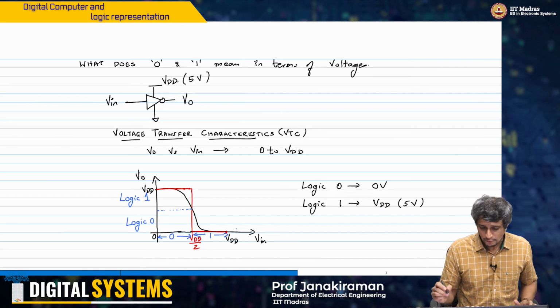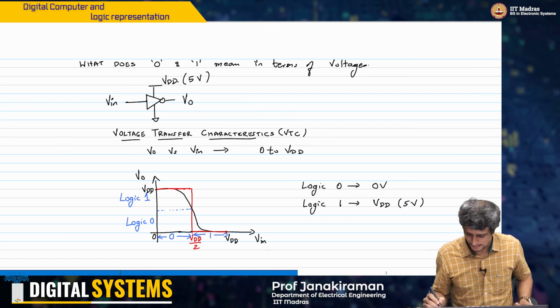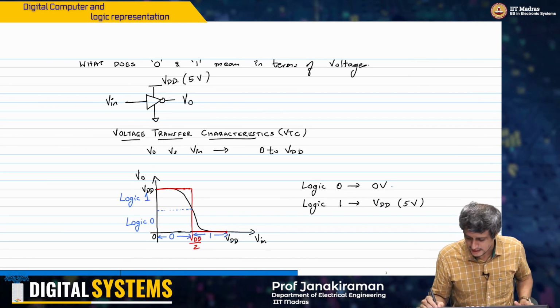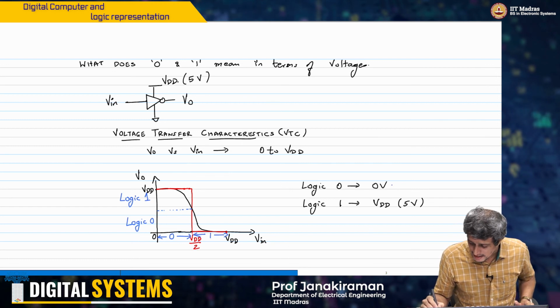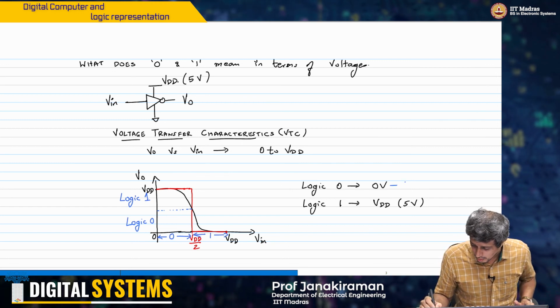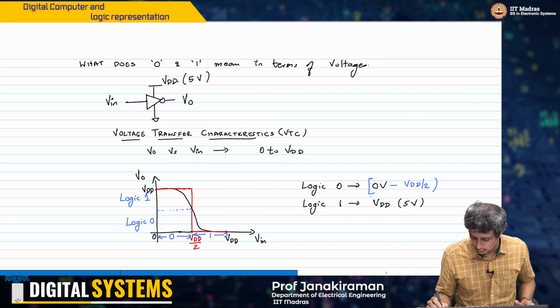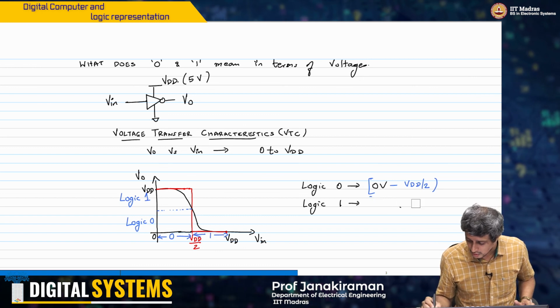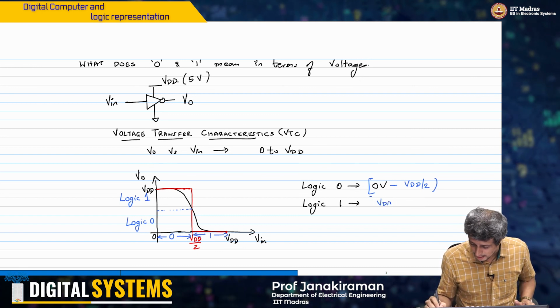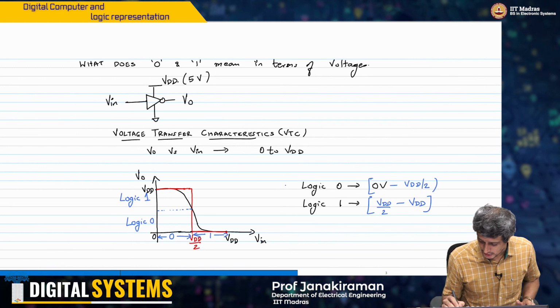My first guess is anything between 0 volt to VDD by 2, I want it to be logic 0, and anything between VDD by 2 to VDD, I want the input to be treated as logic 1, and this is for V in.